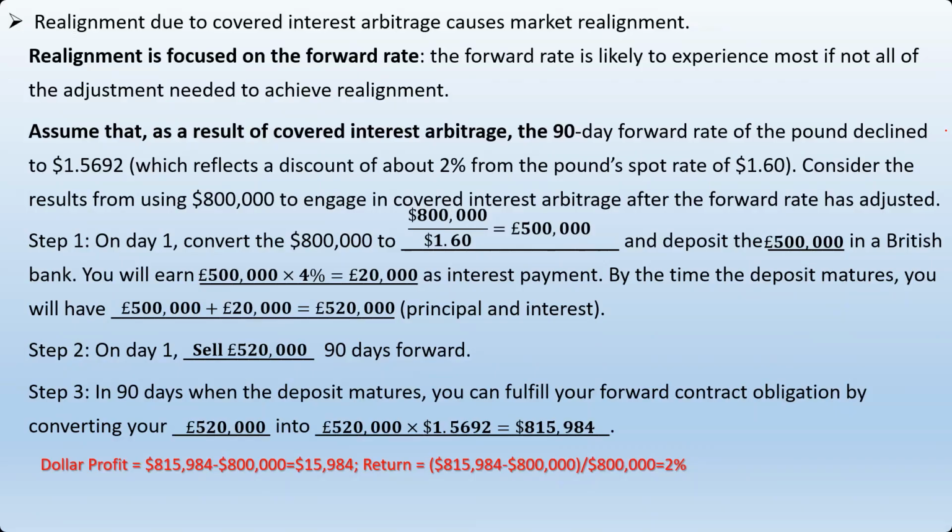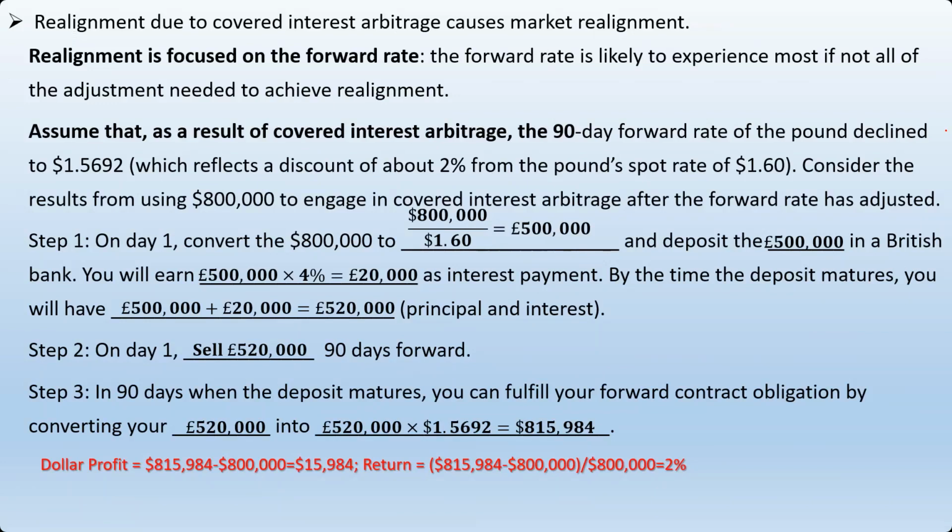Okay, so I'm gonna start to collect the feedback probably from here. Do you think you're gonna do the covered interest arbitrage? No. The US interest rate is 2%. Will you do it?